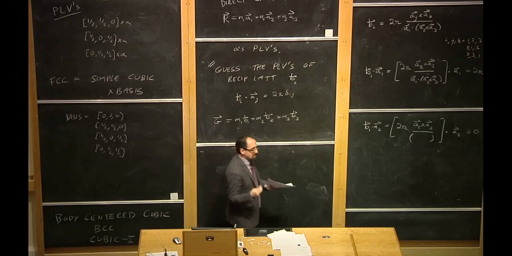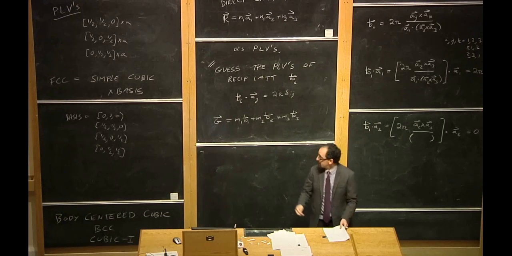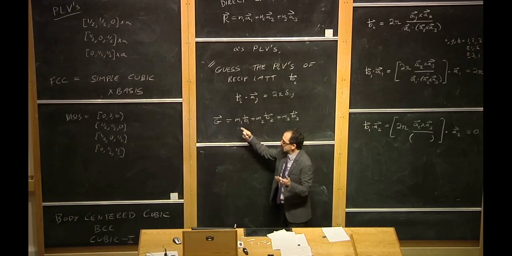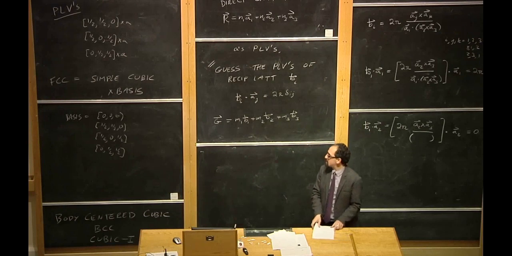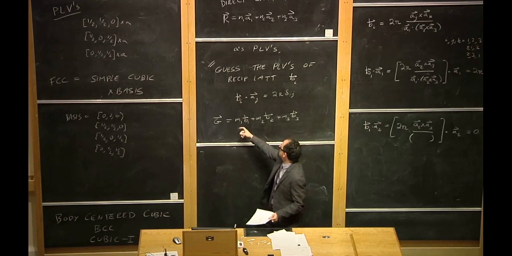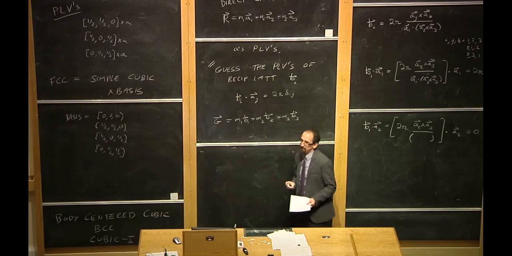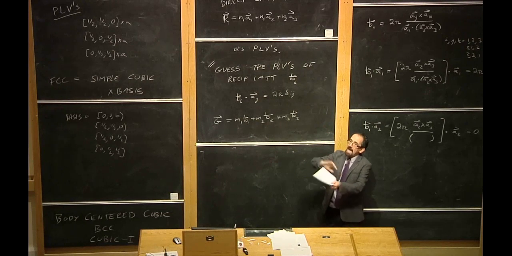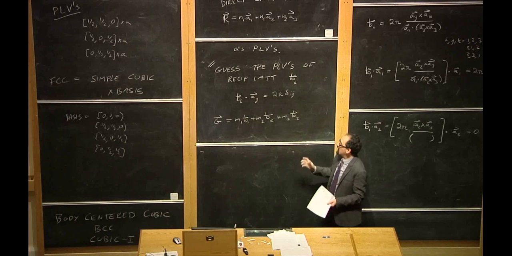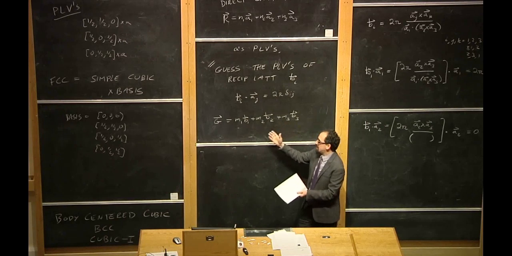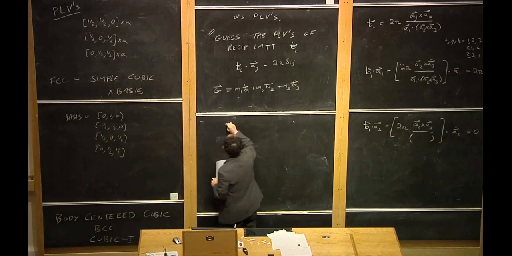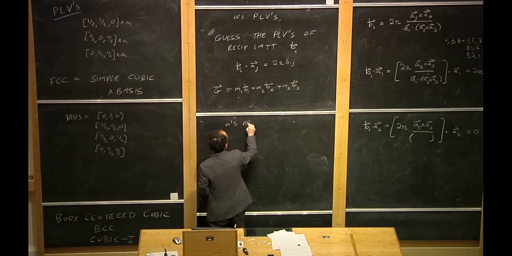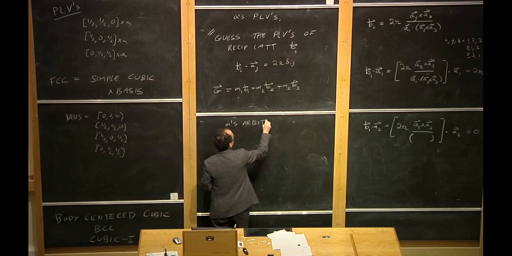But if we want to prove that these G's are reciprocal lattice vectors, that G is a lattice, what we need to show is that the M's can only be integers. Now, if I want to pick any point in reciprocal space, I can choose to write that point as G with M's arbitrary. In other words, real numbers, arbitrary.